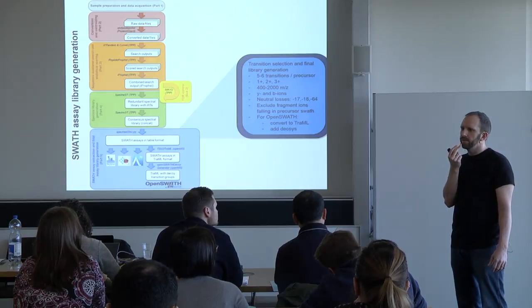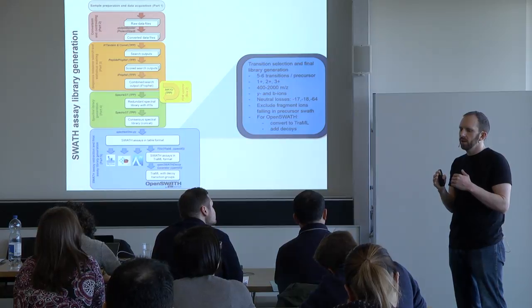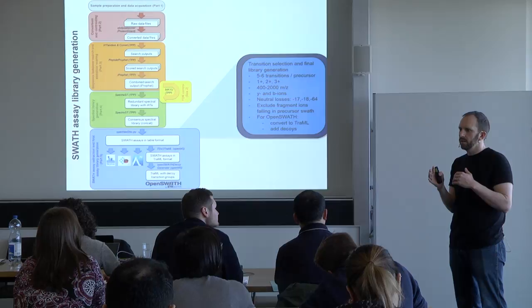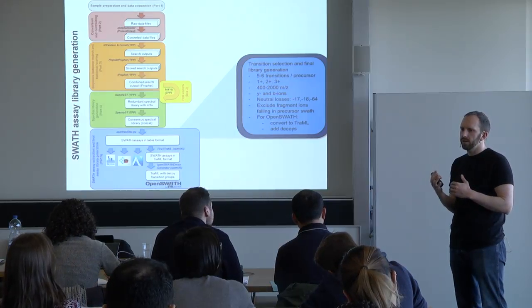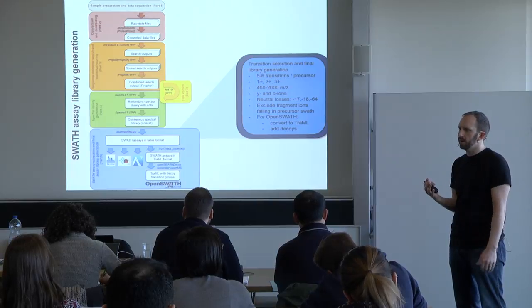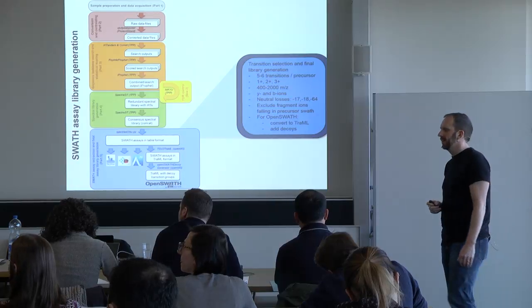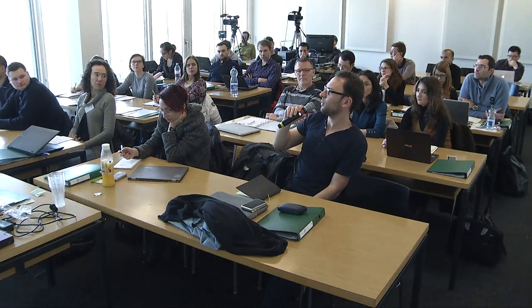If we're doing a SWATH analysis, we have a 25 Dalton window, and this window is 575 to 600. Is there some reason that the transitions at the MS2 level in the range 575 to 600 might be problematic? Yes? Why? Precursors that are not fragmented?